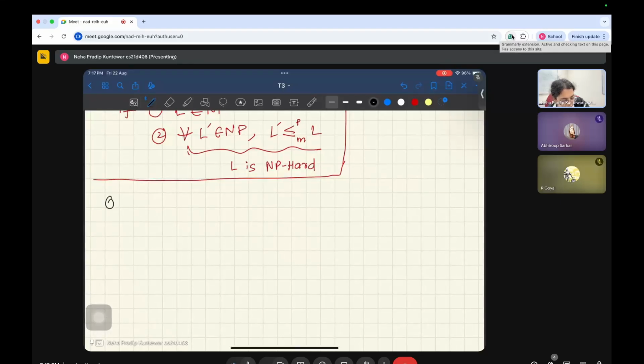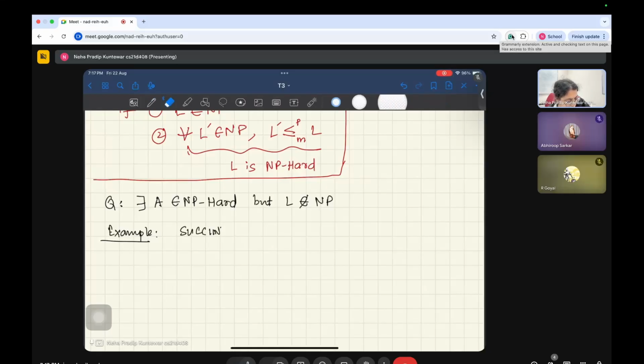So the question is whether there exists a language A which is NP hard but not in NP. One such example is what is called succinct 3SAT. Have you heard of this? No. Okay.